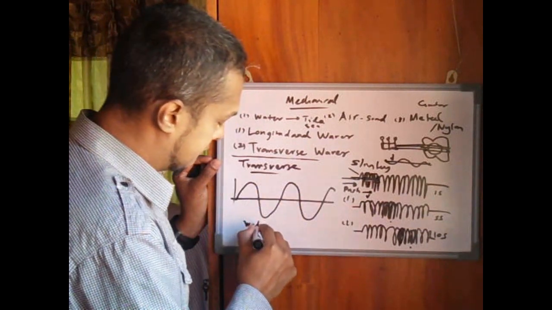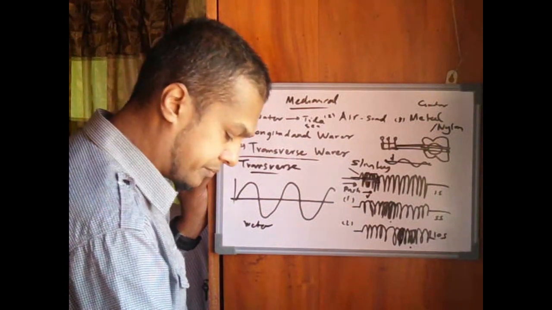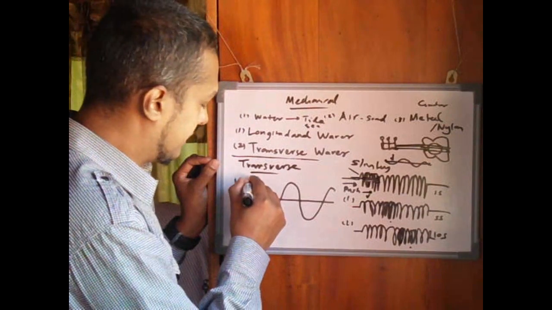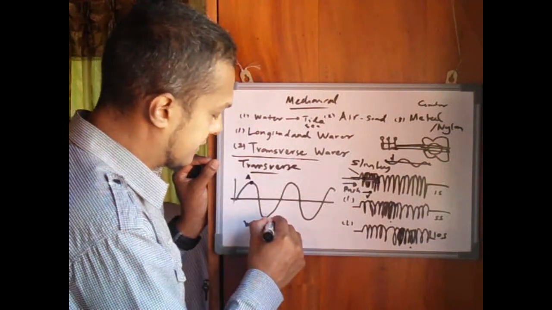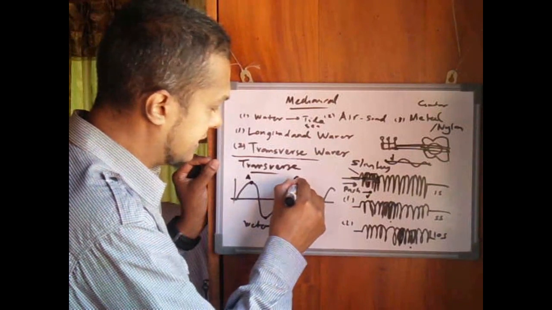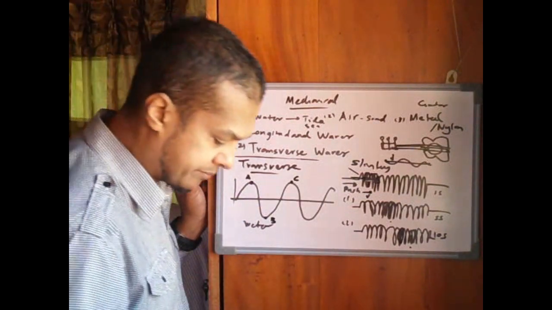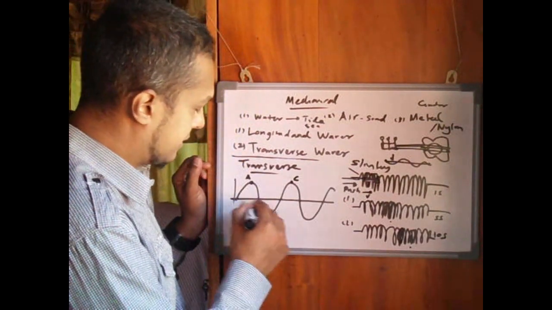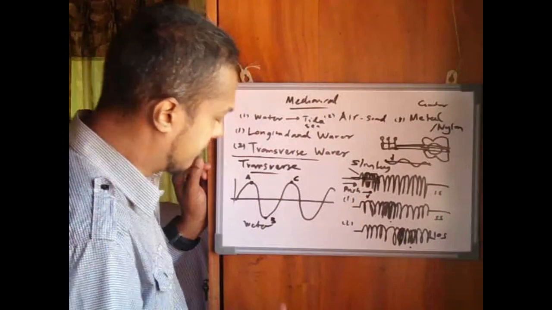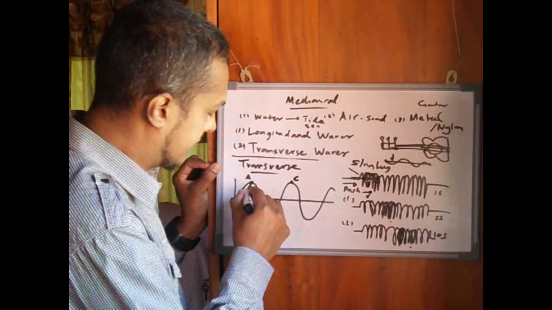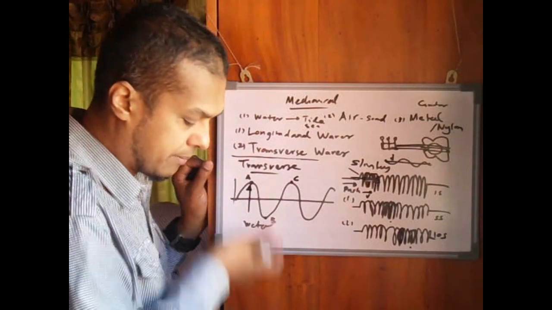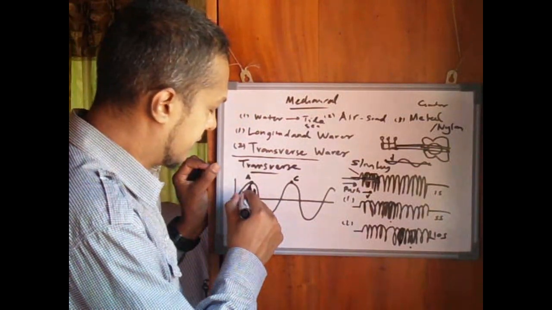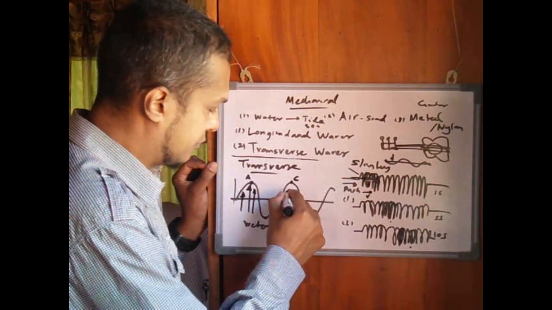That's water, and in this direction there will be a peak, that's peak A, and that's the bottom line, and that's peak C. Basically the transverse waves move up and down, up and down, up and down.